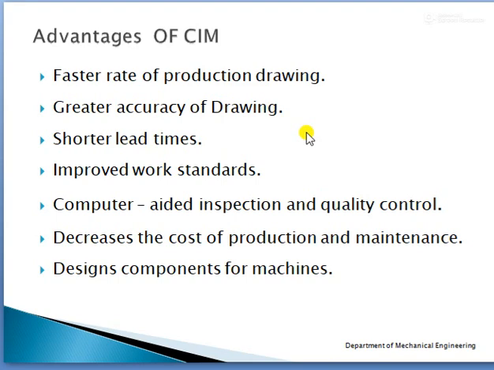Improved work standards are improved in this case. Computer aided inspection and quality control: with the use of computer we are going to do the inspection of quality by using many quality tools as we have discussed in TQM. Decrease the cost of production and maintenance. Design components for machines. These are the advantages of computer integrated manufacturing.